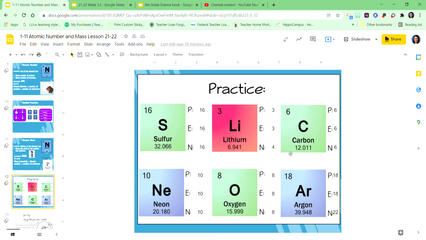We round the mass to 12, minus 6, and that gives us 6 neutrons. I'm going to hop down to argon. Argon, the atomic number is 18. That means there are 18 protons and 18 electrons. And then for neutrons, we're going to take the mass and round it to 40. 40 minus 18 is 22, and that is our number of neutrons.